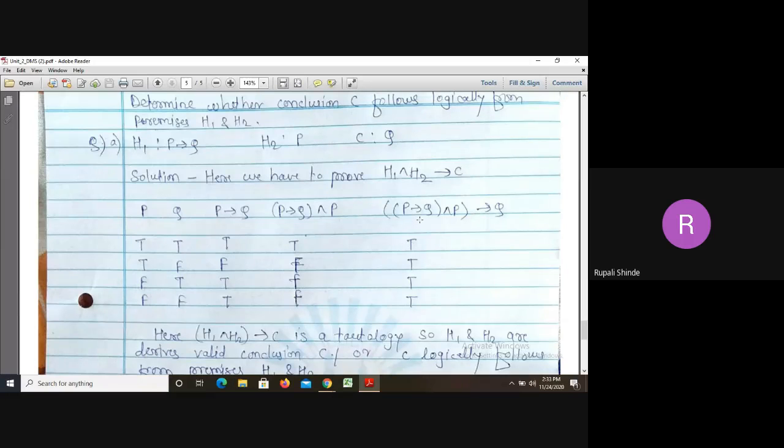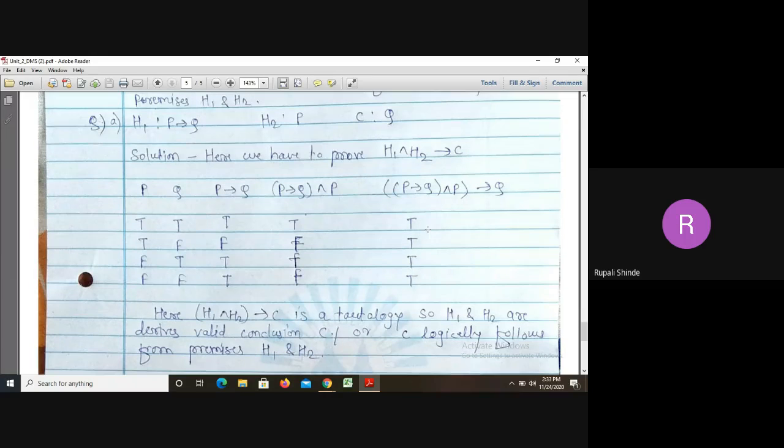And now the value for the last one, P conditional Q and P conditional Q. Means what? If T F is there, then only the final value is F. Otherwise it is T. But there is no combination that is T F. That's why all the values in the last column are T only. Now check it. Here H1 and H2 conditional C is a tautology.